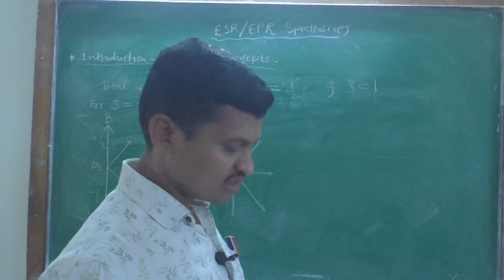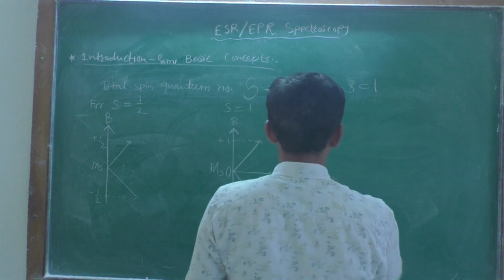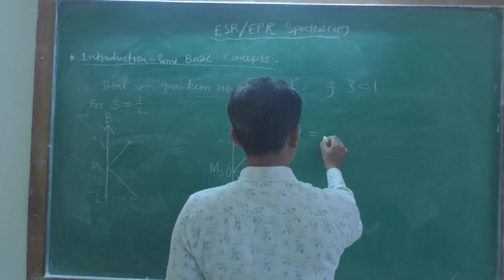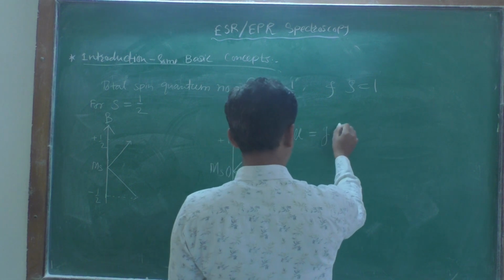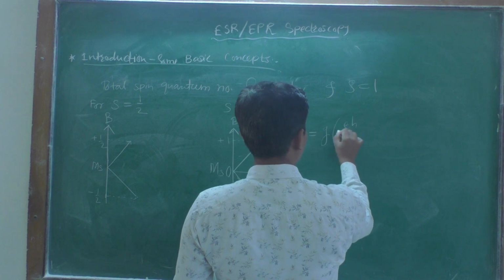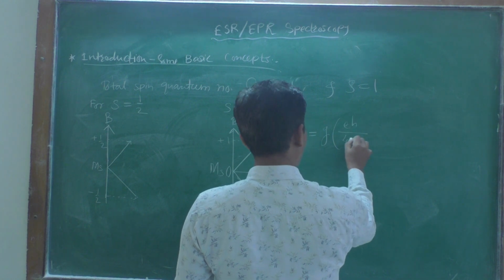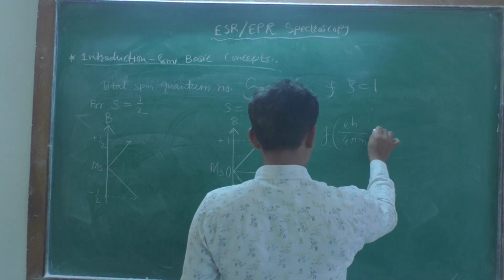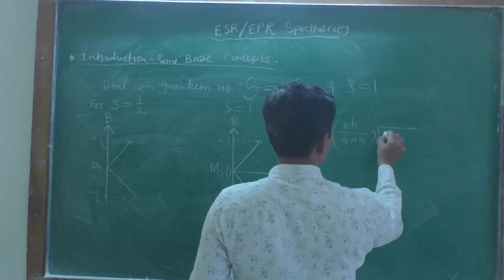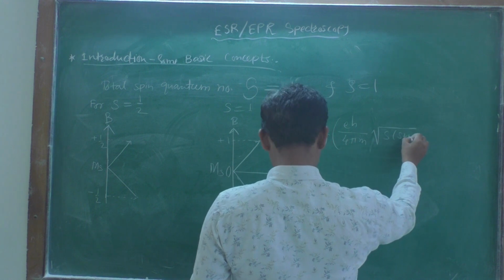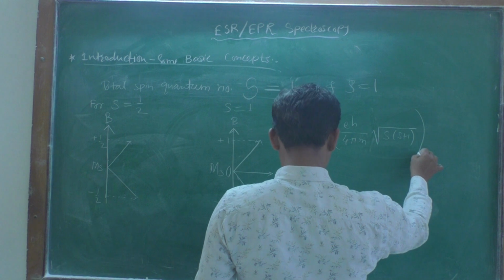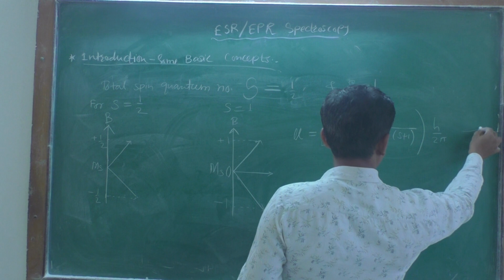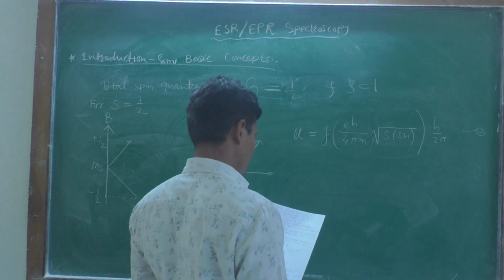Okay, and it is given by the equation mu is equal to g into eh upon 4 pi m into bracket of under root S into S plus 1 bracket complete h upon 2 pi. Okay, so this is the equation.